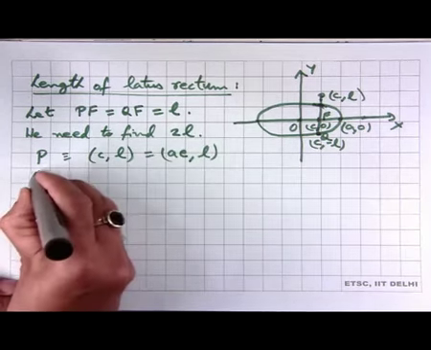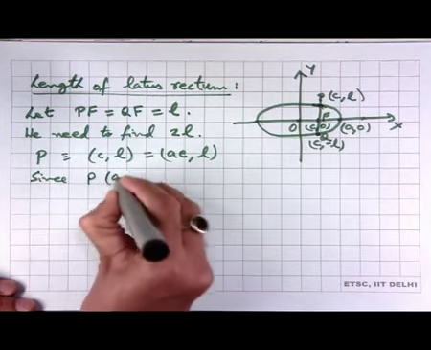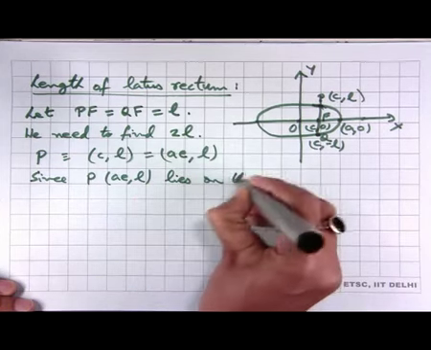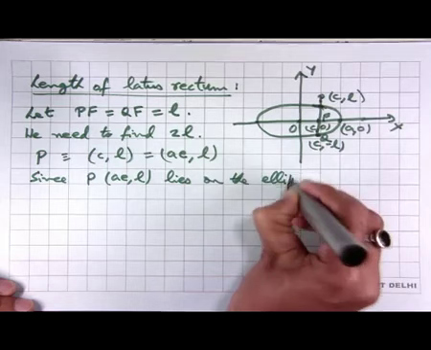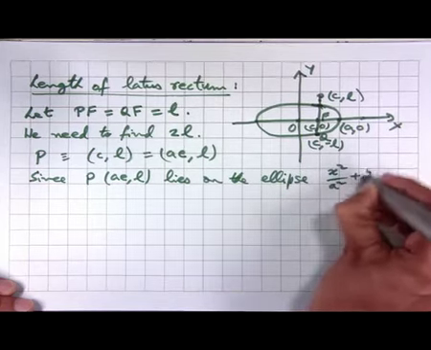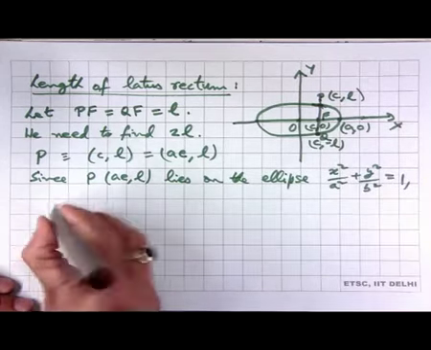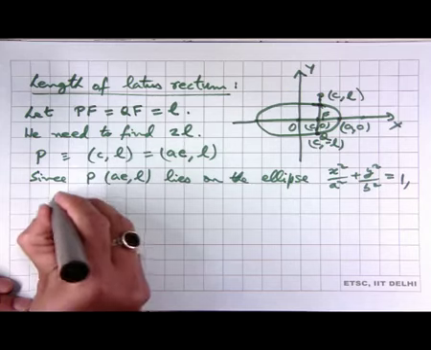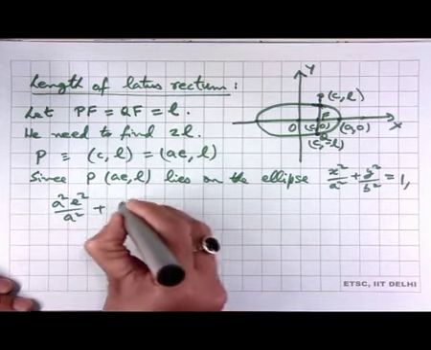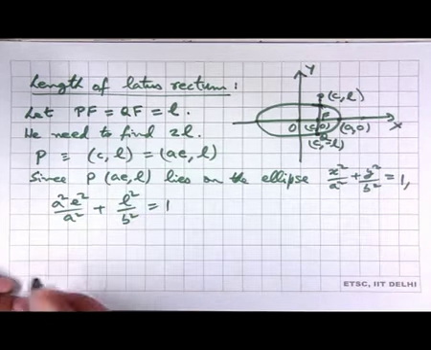Since P lies on the ellipse x square by a square plus y square by b square equal to 1, we get a square e square by a square plus L square by b square equal to 1.